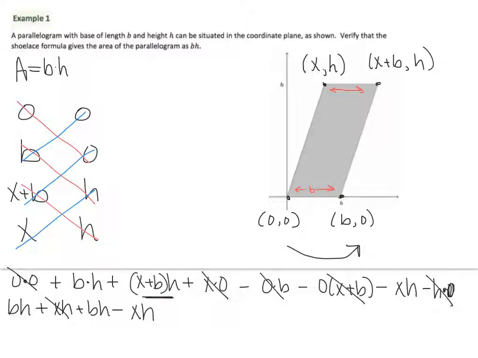That means these are gone, and I have, oh, silly me, I forgot something. There's a 1/2 up here. Do you guys see it? Because I was really wondering, wait, I have 2 BHs. I can't have 2 BHs. So 1/2 times 2 BH equals BH. We did it! Is anyone else as excited as I am?